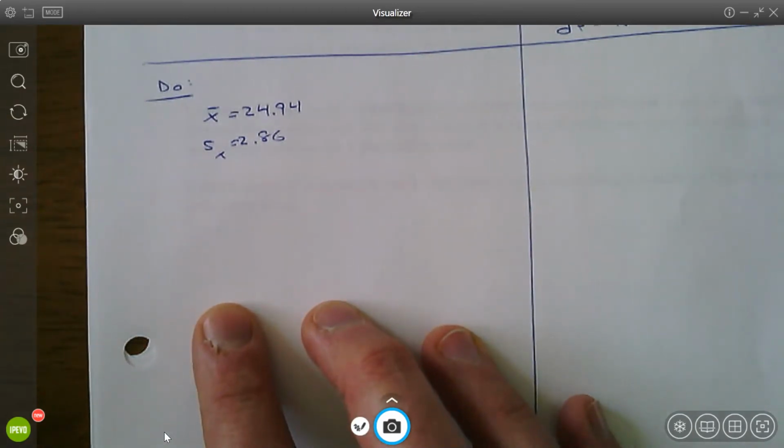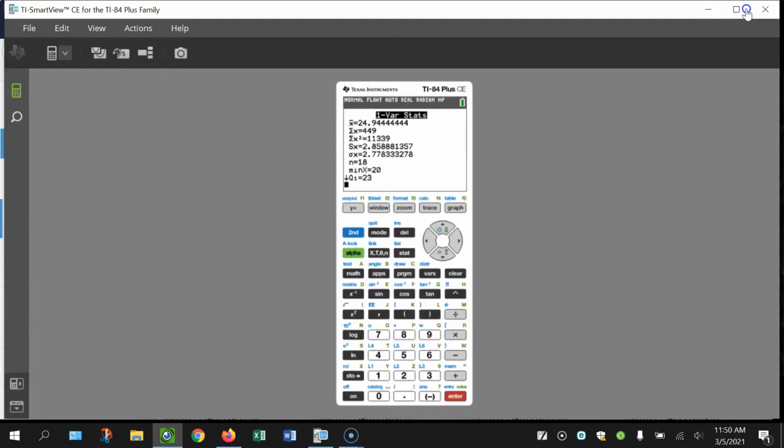Now I just need to get my critical t value, which I could have done while I was looking at the calculator. So second vars inverse t, 99% confidence, so we have 0.5% in each tail, and we have 17 degrees of freedom, and I'm going to paste. So my critical value is 2.9.